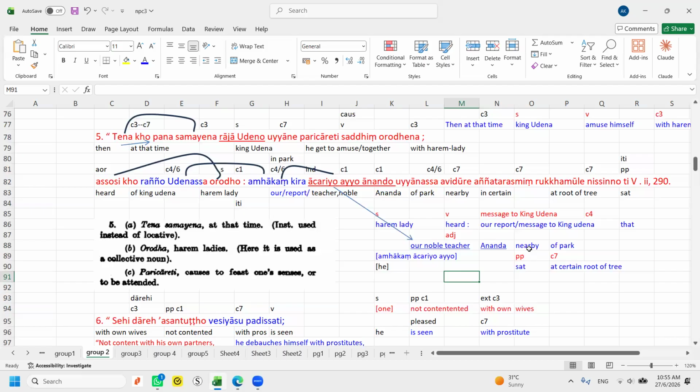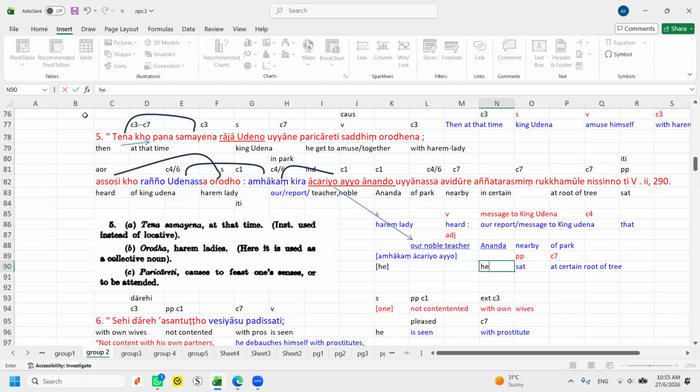can you see here? Abiduri, nearby of the park. Then this is the subject, he, Ananda. He said.